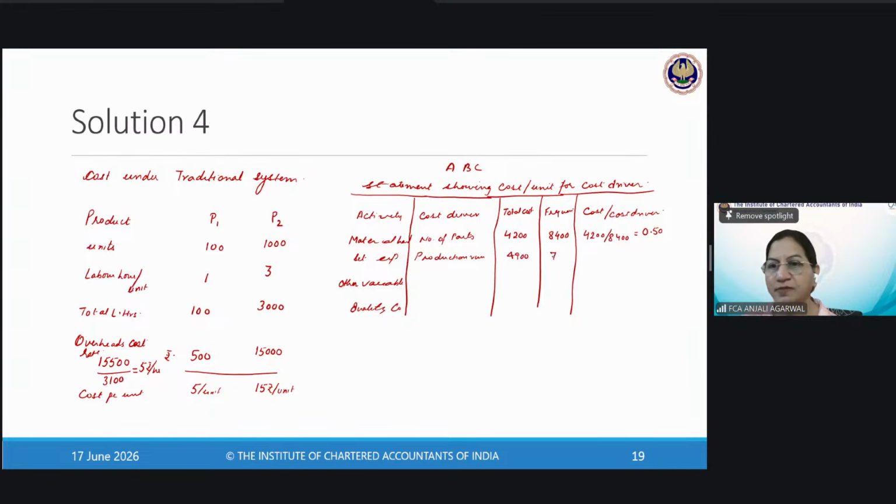Production runs are 7 times, so 700 per production run. Other variable costs are 3,100. Cost driver is labor hours. 3,100 labor hours were used, so the cost per labor hour for other variable cost comes out to be 1 rupee.